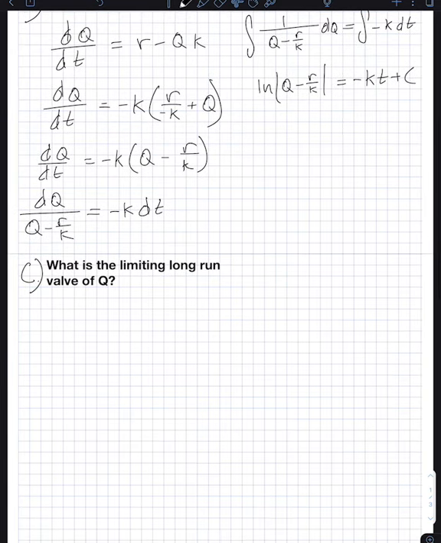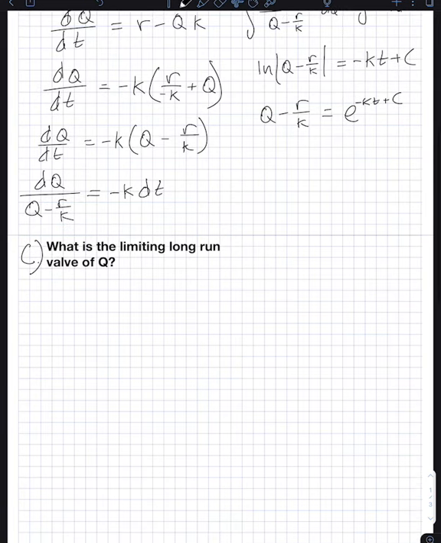From there, we can take the exponential of each side, which negates the natural log. We will have Q minus R/k equals e to the negative kt plus C. That can be rewritten as e to the negative kt multiplied by e to the C, which is an equivalent way to write it.